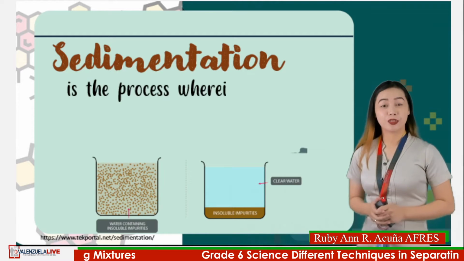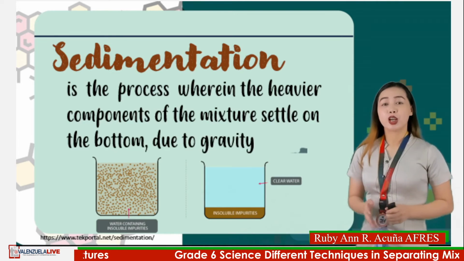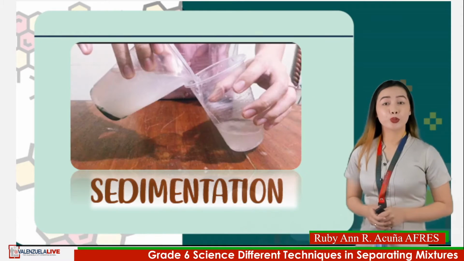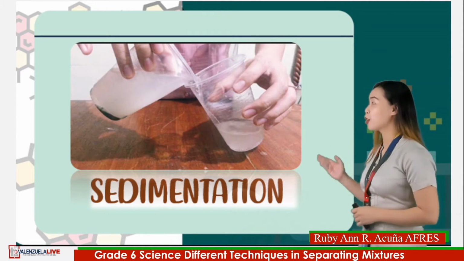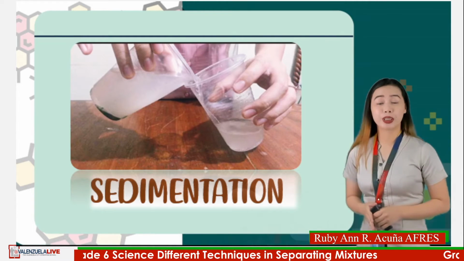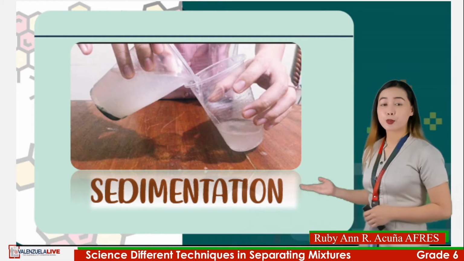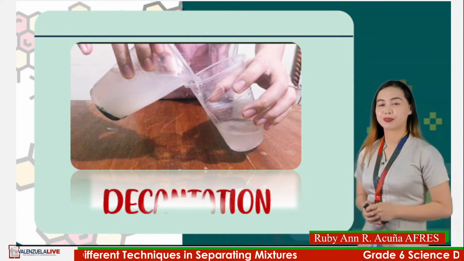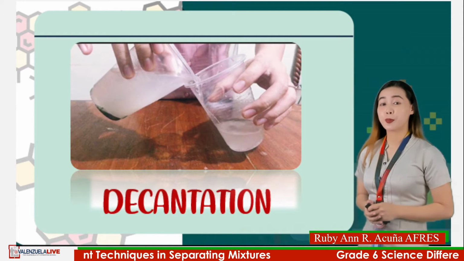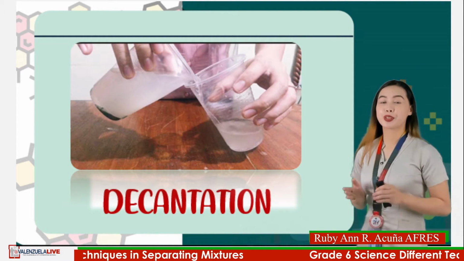After this, the solvent can be slowly poured to another container without disturbing the settled particles to separate them completely. And this transfer of liquid is called decantation. And the solid that remains is called precipitate.